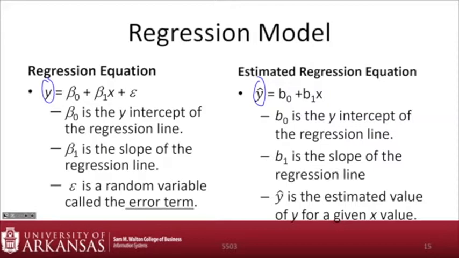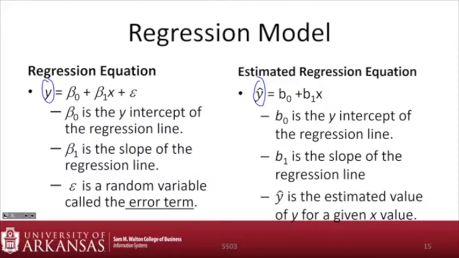So if you weren't given the betas and the b's and you were just given some values, then the y hat is what makes it a prediction, an estimated equation. Not necessarily a hypothesis, it's just the big picture model, how it's set up all the time. And in the estimated part, that's where we're actually going to plug our values in.